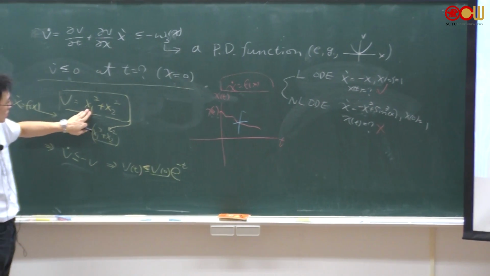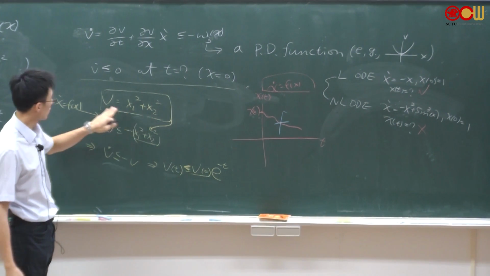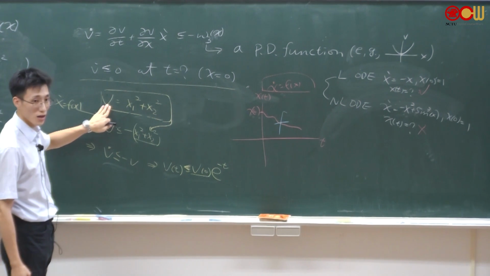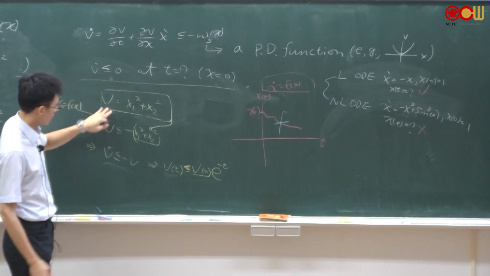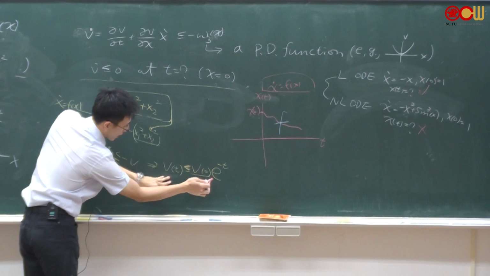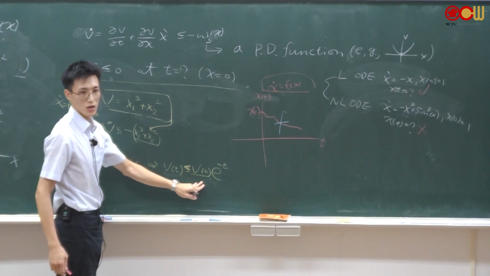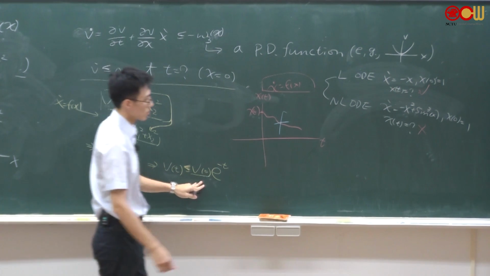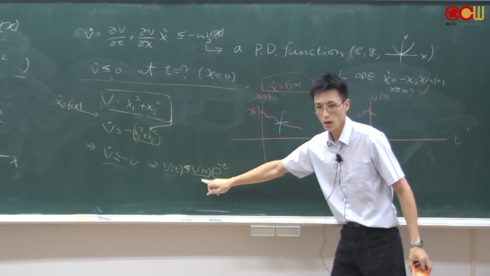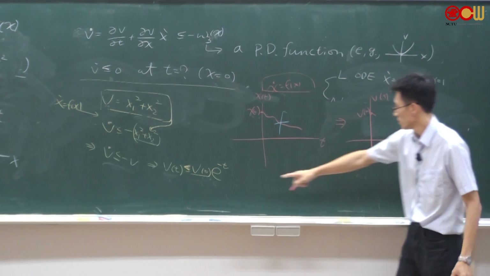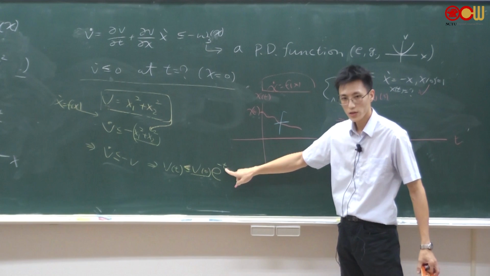We don't know what is the trajectory for x1, x2, but we know the trajectory for V. And V is upper bounded by some function of time, with initial condition V0, right? So that means based on this, given V0 initial condition at t equal to 0, this is 1.